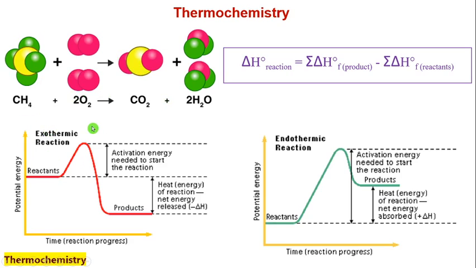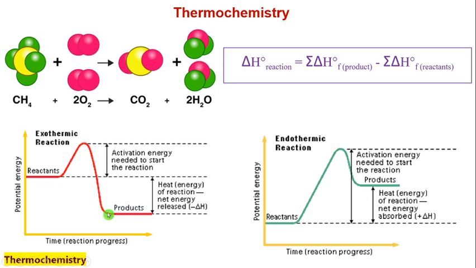If the exothermic reaction occurs, what it means is the energy is produced as a result of the reaction. In that case, it is called an exothermic reaction. There is another type called an endothermic reaction, where the energy is consumed as part of the reaction.